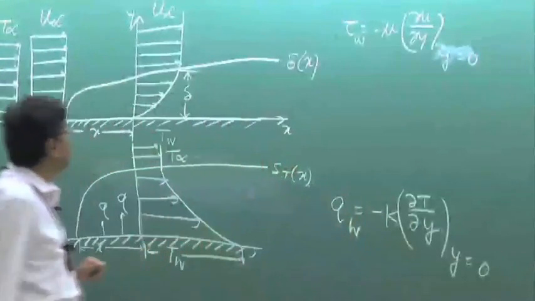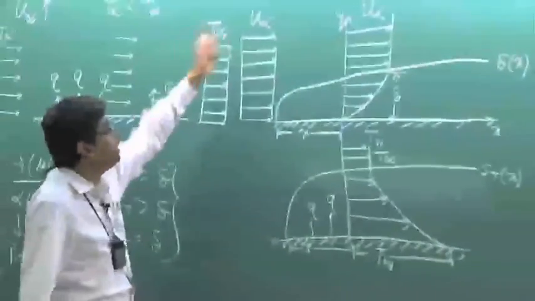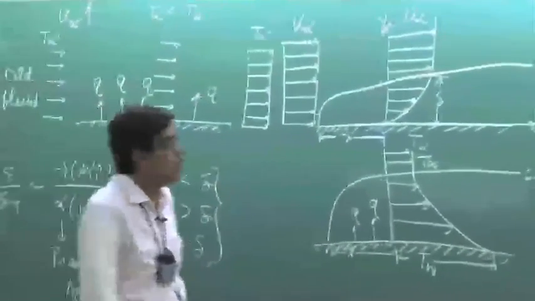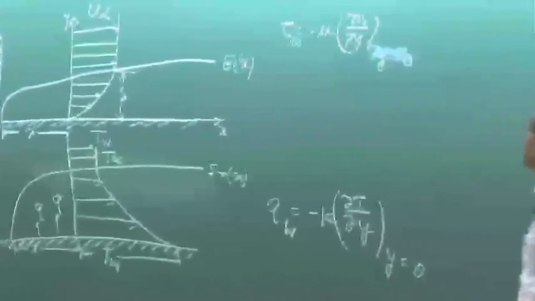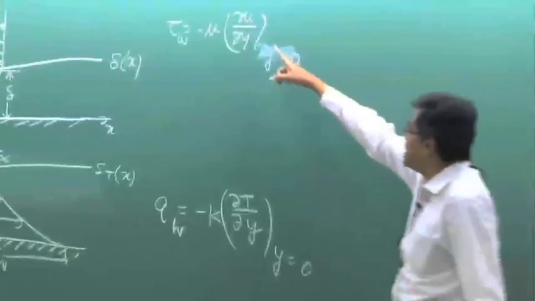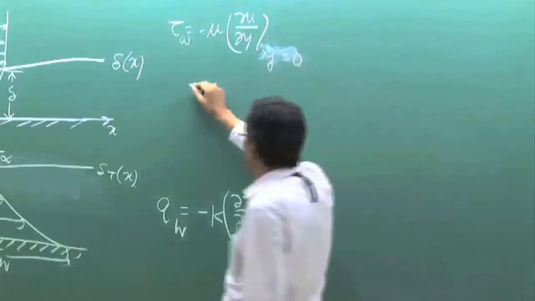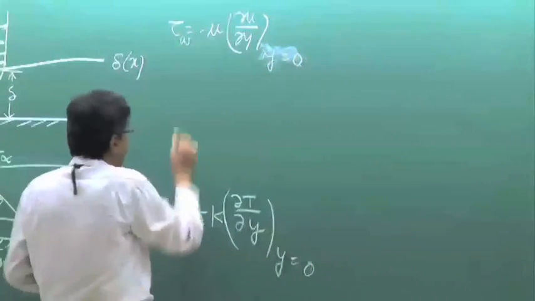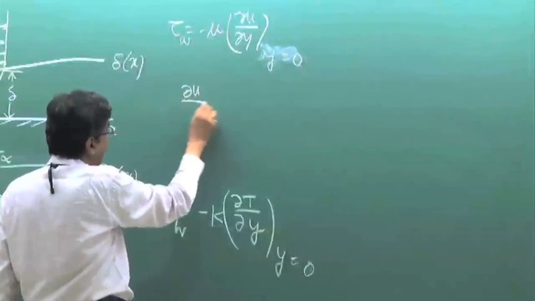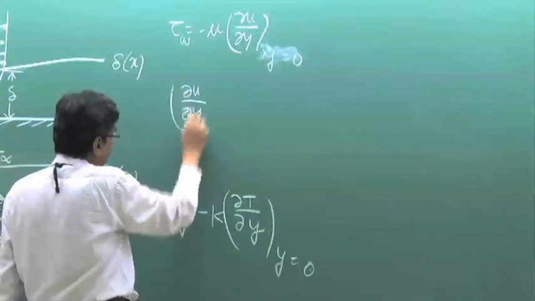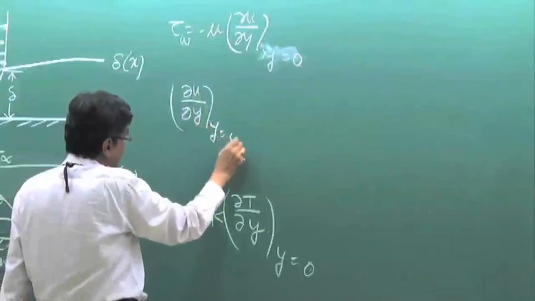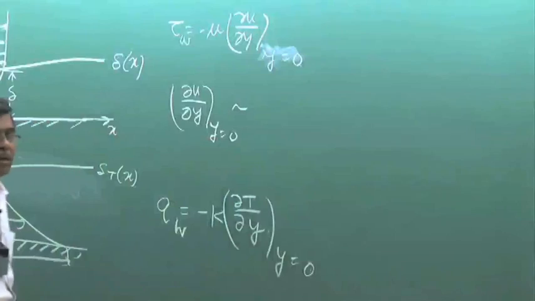Now consider a case when U infinity is increased. If U infinity is increased, what will happen? Now this can be written as tau is mu del u del y. Now you write here del u del y at y is equal to 0 scales as what?